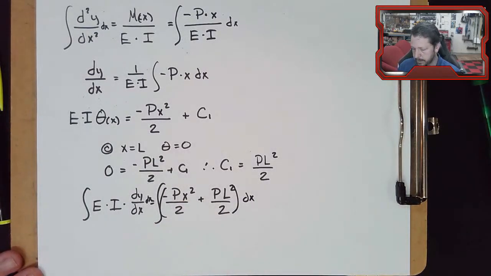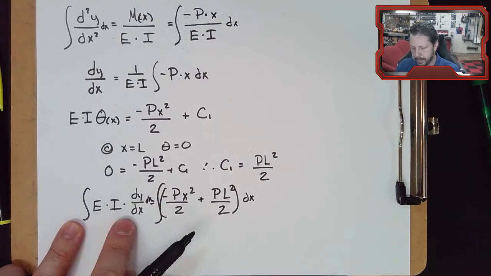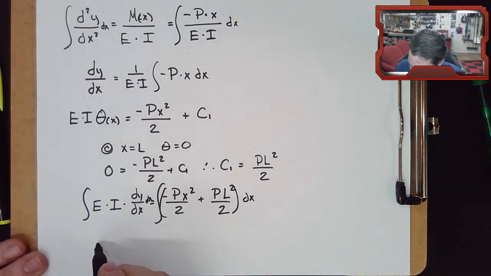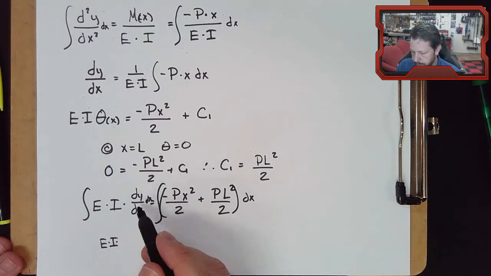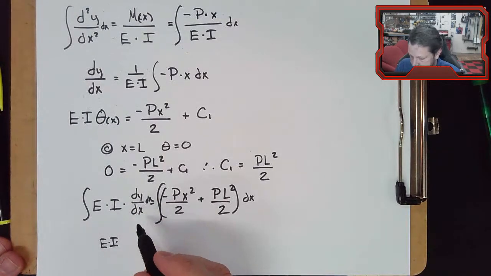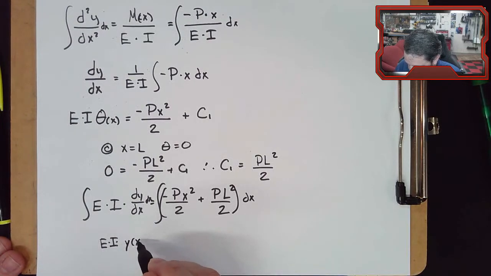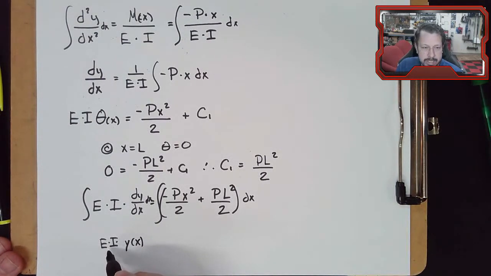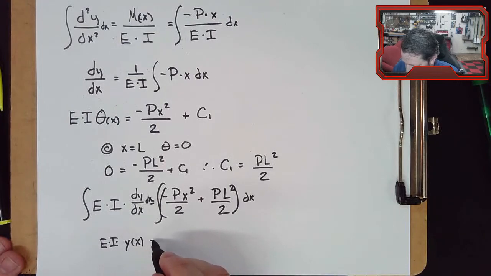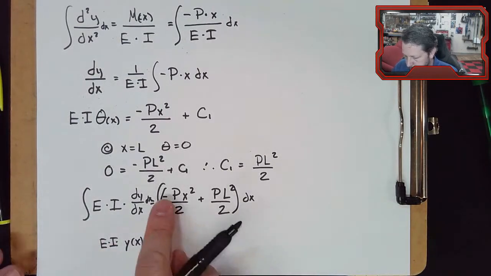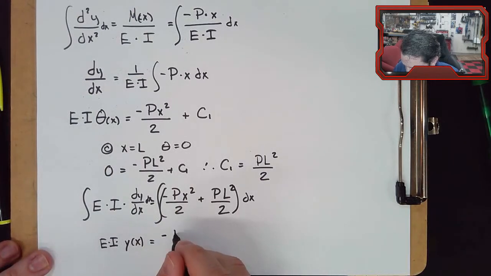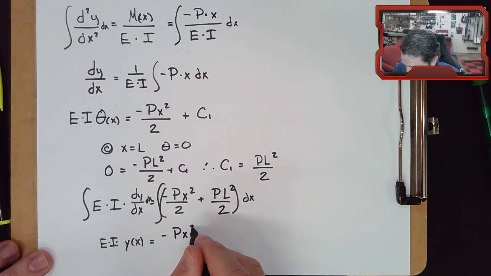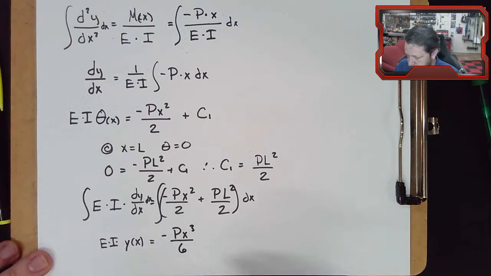with respect to x. So this side, E and I are constant, so they just come out of the integral sign. And then the integral of dy dx is y of x. So there's the equation of the elastic curve multiplied times EI right now equals this side, negative px squared over 2 dx is going to be negative px cubed over 6.